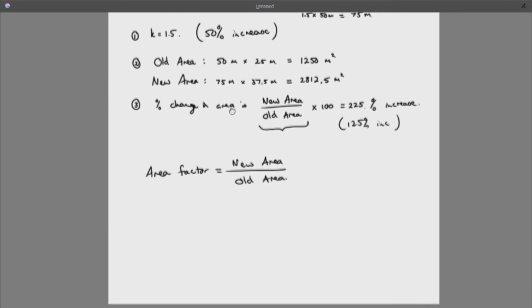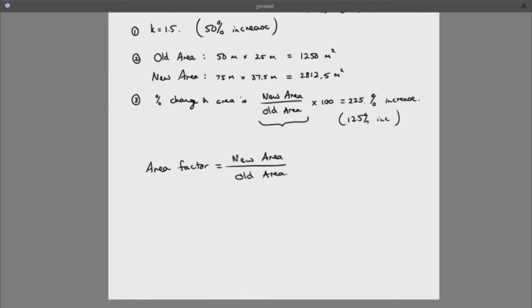I'll just call it area factor, just to be able to distinguish between the two. Now this and this, they're all the same. What is the number that I get? Forget the percentage aspect. Just calculate a scale factor, but now it's for area, so I don't want to call it scale factor. Let's call it the area factor, just to be different. What do I get? 2.25.